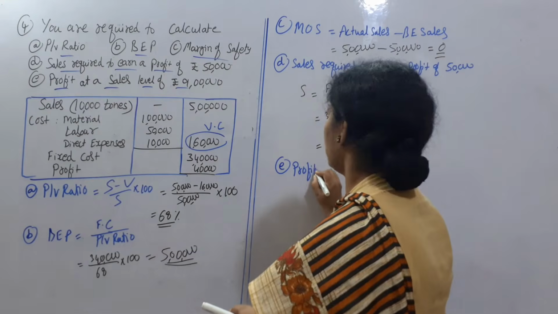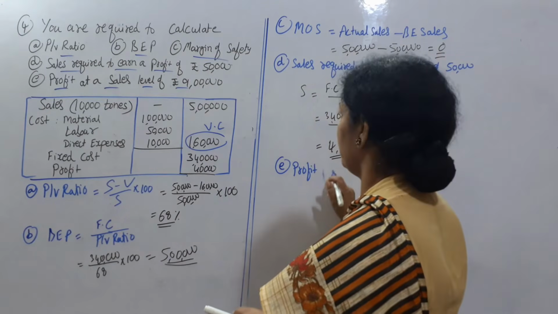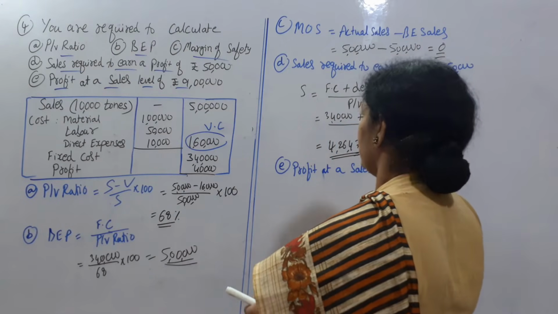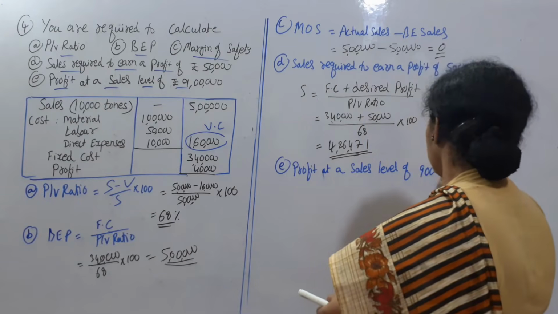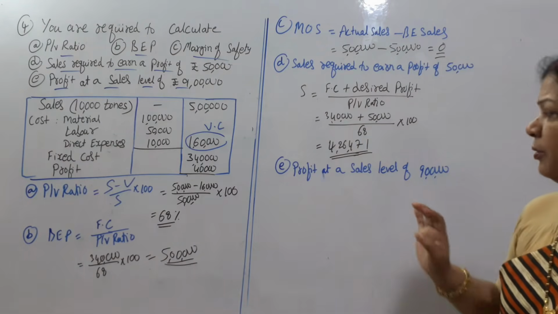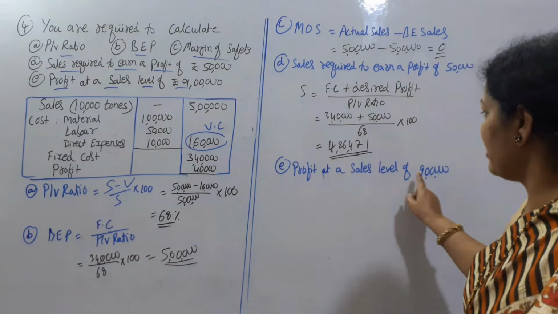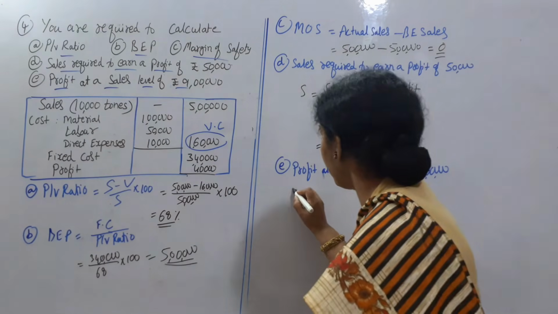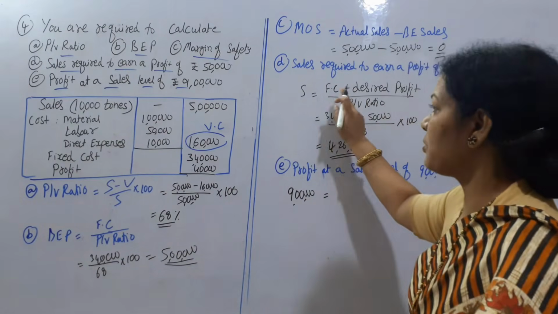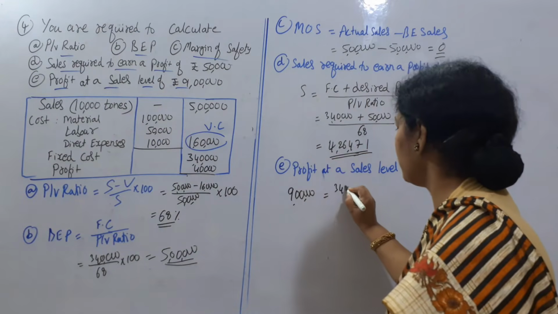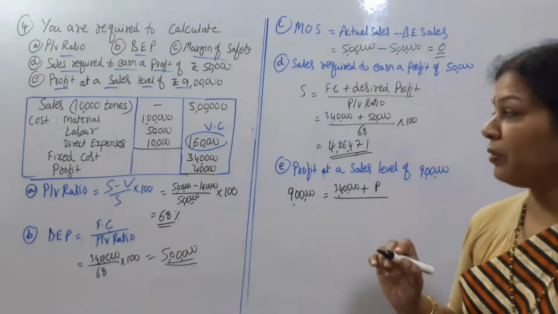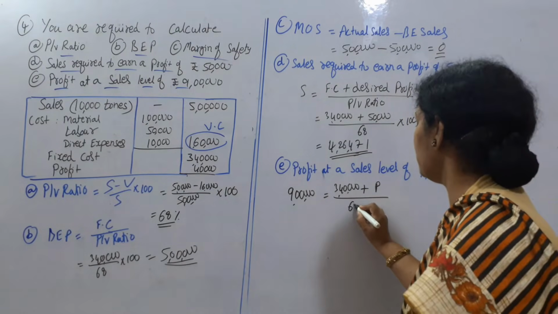In the same way, next, profit at a sales level of 9 lakh. Means if you want to get sales of 9 lakh, what should be the profit? Same formula we'll use. When sales are 9 lakh, what should be the profit? Fixed cost is 3,40,000 plus desired profit, which we want to find out, by PV ratio 68%.